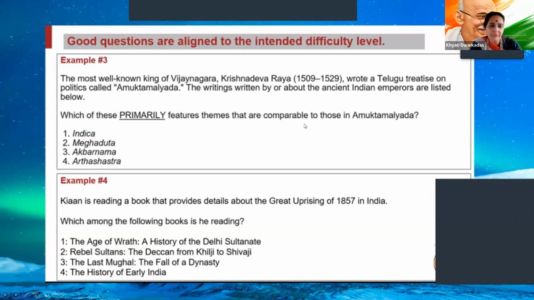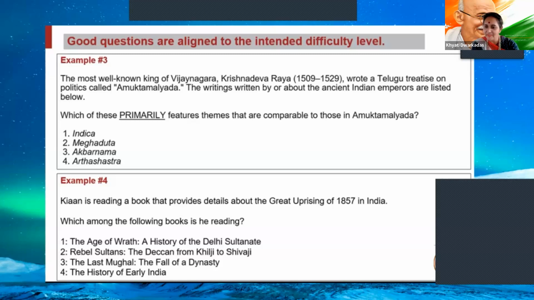Now look at example 3. The most well-known king of Vijayanagar, Krishnadevaraya, wrote a Telugu treatise on politics called Amuktamalyada. The writings by or about ancient Indian emperors are listed below. Which of these primarily features themes comparable to those in Amuktamalyada? Is this also a good or a bad question?